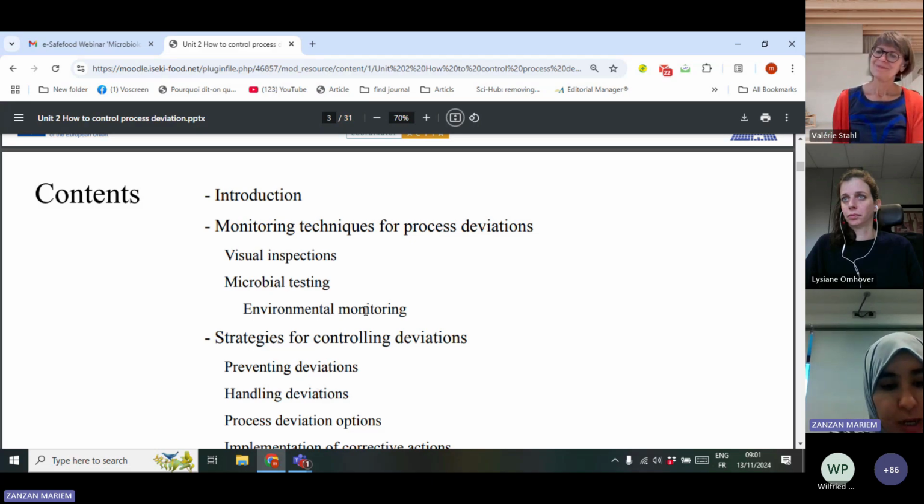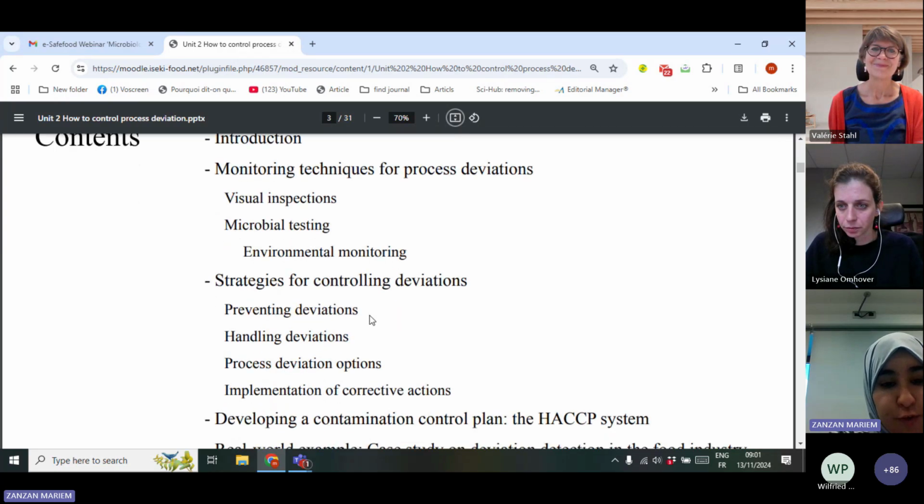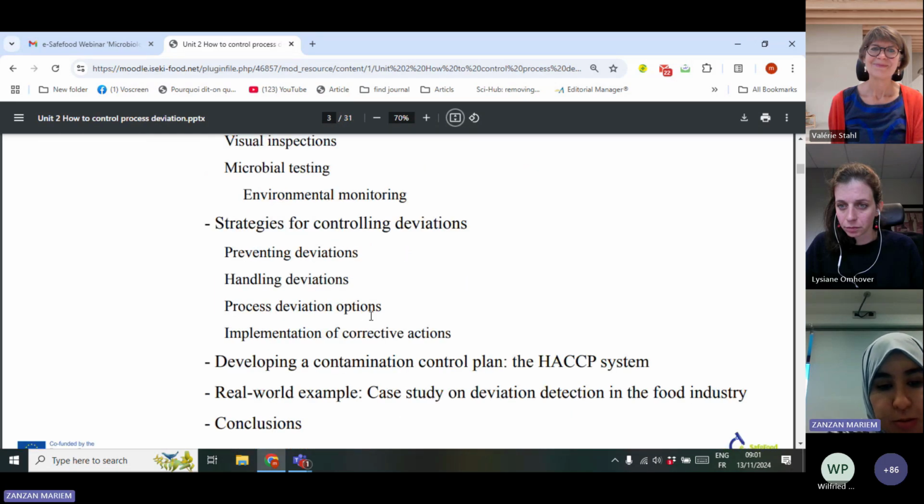After that, we will move to different strategies for controlling deviations, from preventing and handling to corrective actions. We will talk briefly about developing a contamination control plan using hazard analysis and critical control point system. And finally, a conclusion.